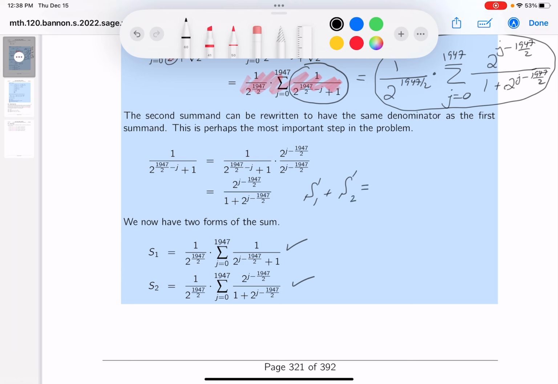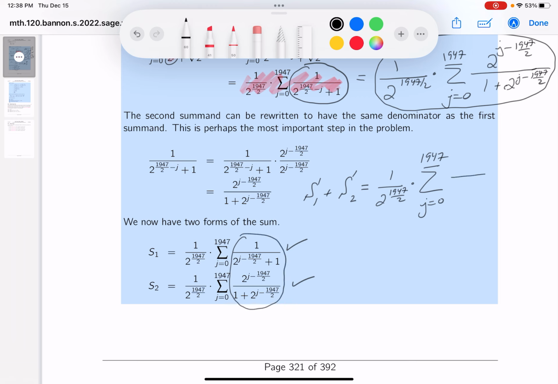And what do I immediately notice about that? They both have the same constant in front, which is 1 over 2 to the 1947 over 2, times a common sum, too. They both start at 0, and they both stop at 1947. So really I'm just adding those two things together.